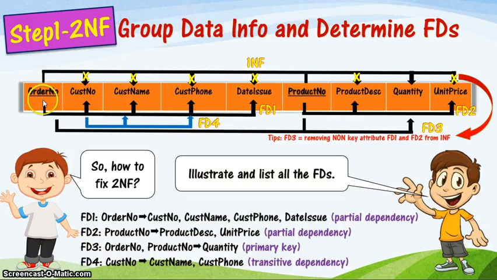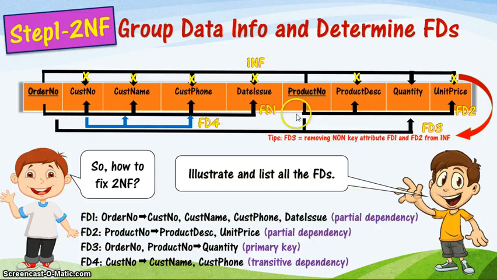For the first group, the PK determines the non-key attributes. So this is the illustration. Non-arrow, determine the arrow for non-key attributes. For the non-key attributes, you have to draw an arrow. For the key, you don't have any arrow here.